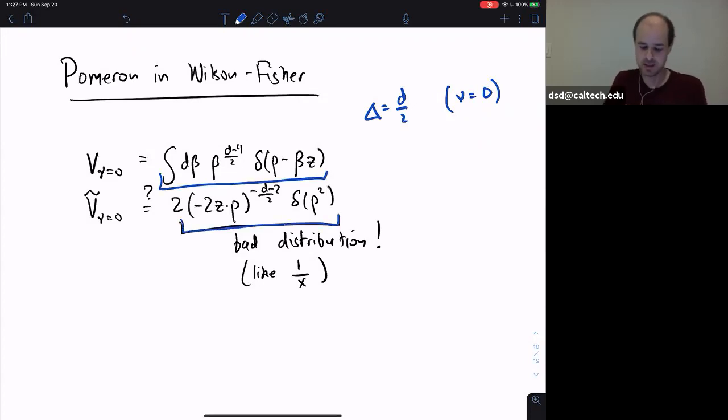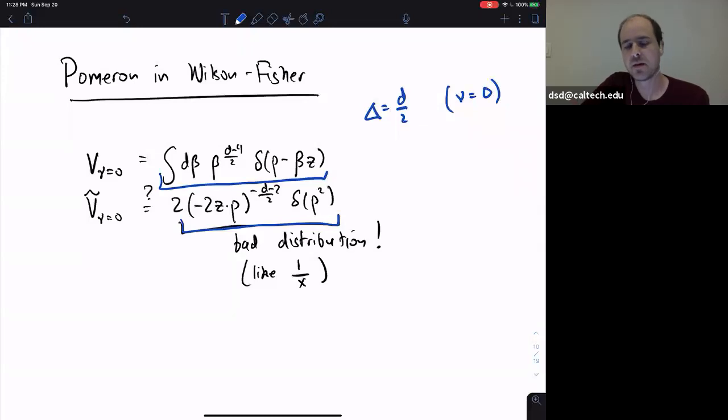Then the next step is to stare really hard at the formulas. And if you stare really hard at them, you'll notice that there's something funny going on, which is that the vertex for this shadow trajectory is not actually well-defined. It's not well-defined because what you get is actually a bad distribution.